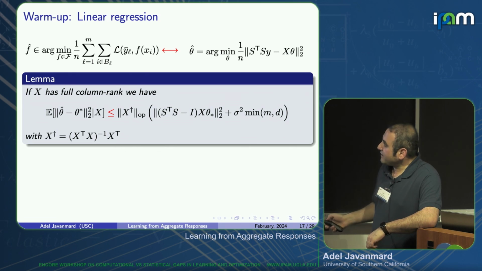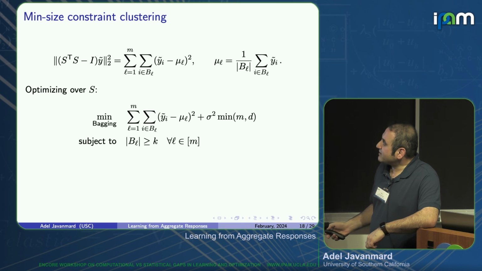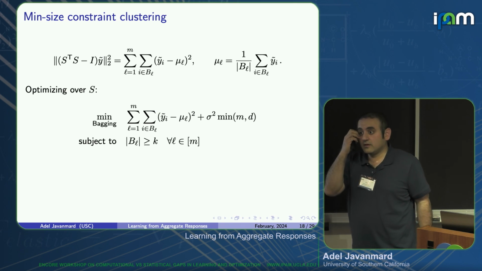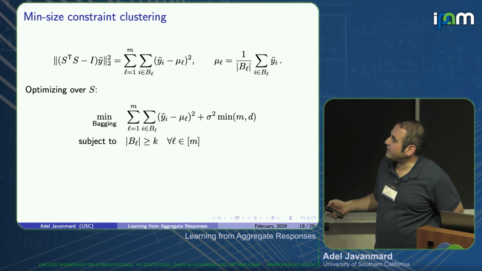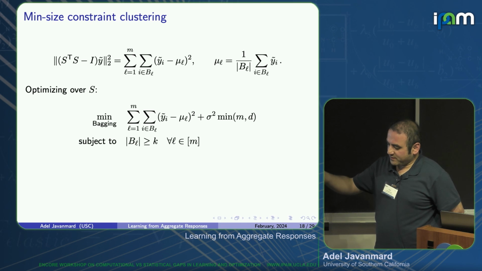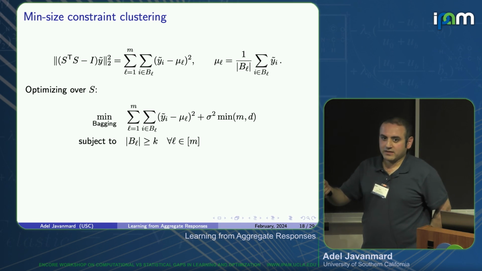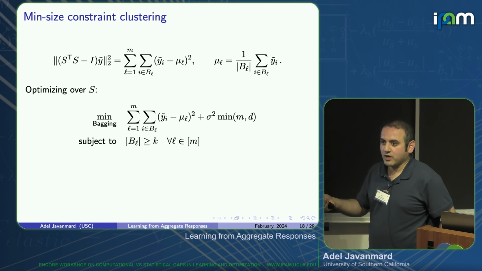Now, if you look at the first term, the S transpose S minus I times a vector, you can write it in terms of a clustering objective. What it's trying to do is computing the L2 squared distance between each of the Y tilde i with the center of the bag that you have. Okay? So it's just a clustering problem.